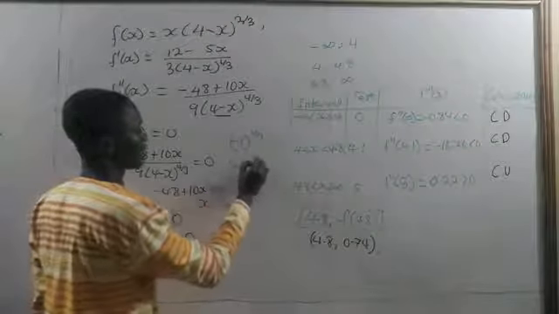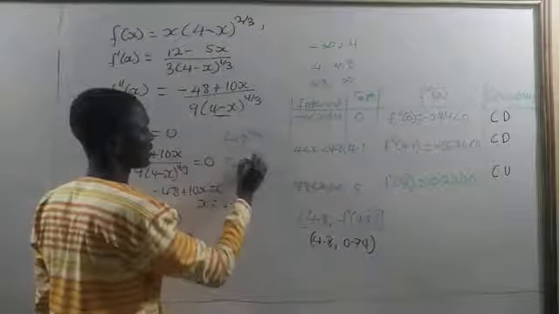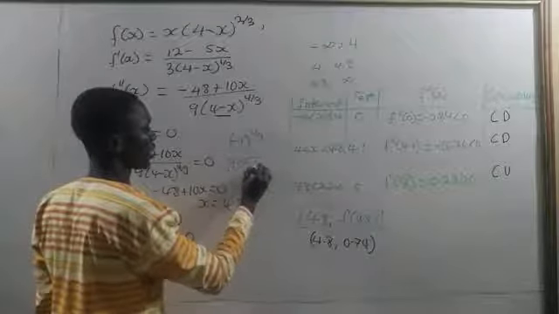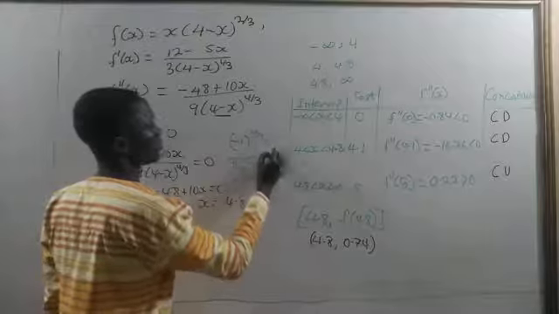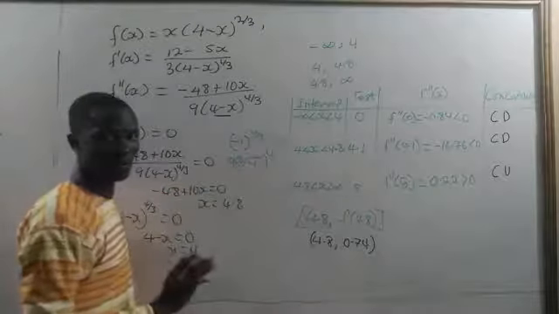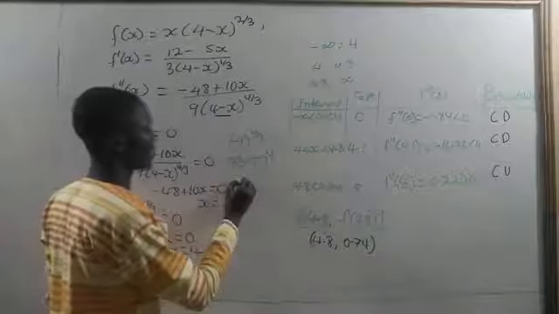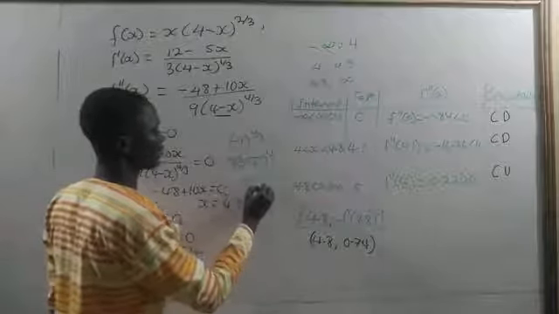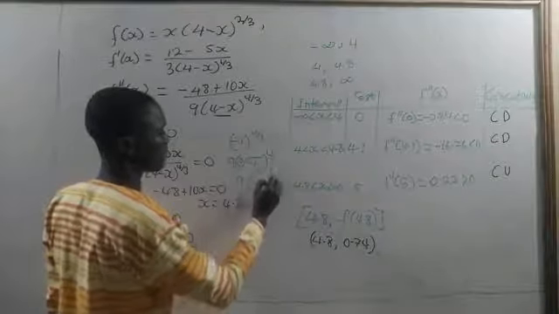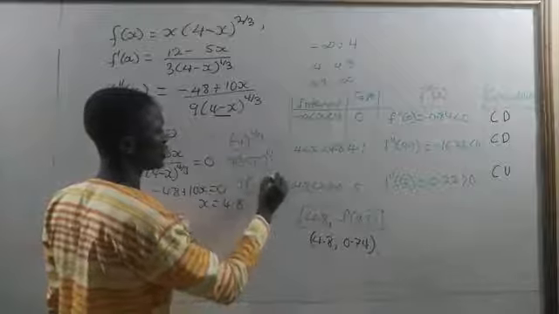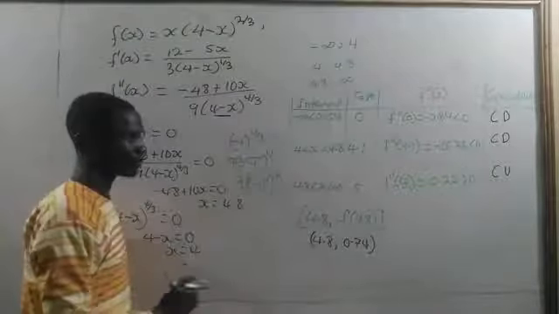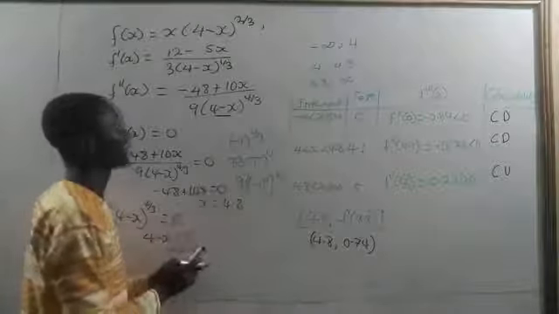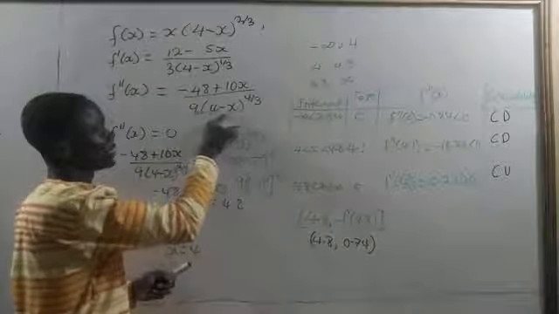It is 9 times either you take the cube root of -1, and then after that, you square that, you raise the answer to the power 4. Or you take 9 times -1 to the power 4, and after that, you take the answer to the power 1 out of 3. So that is the trick there. If you substitute something that will give you negative, that is the trick there.